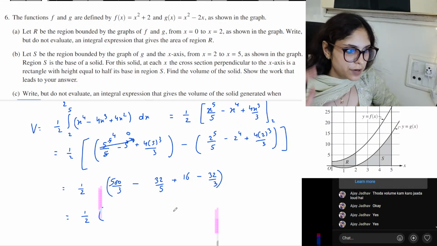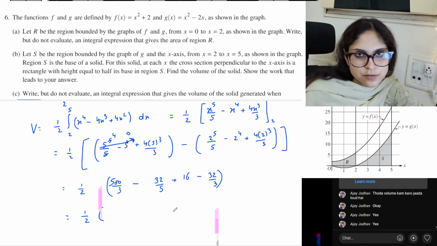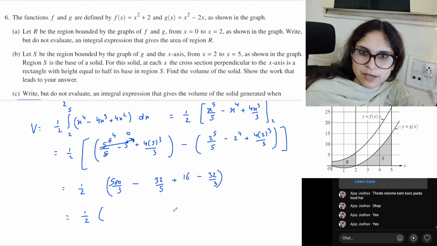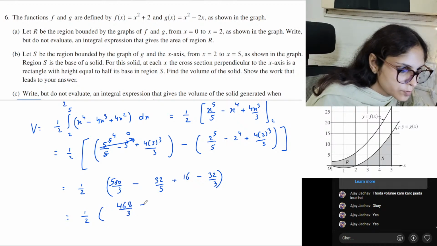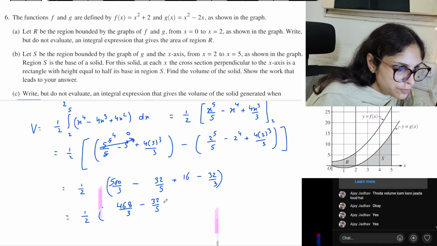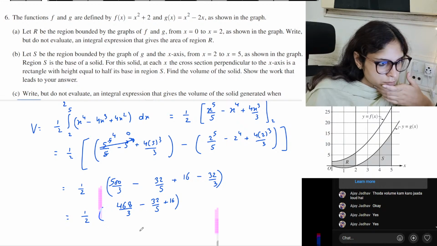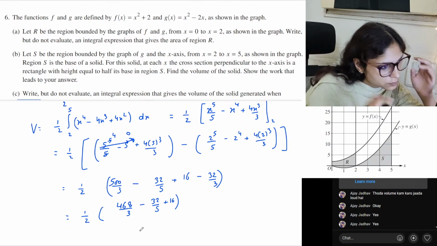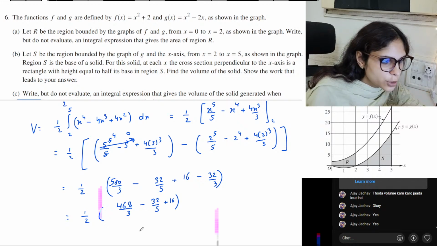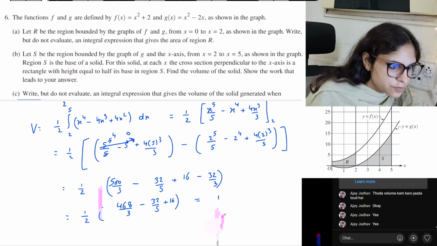So let's first solve 500 over 3 minus 32 over 3. 500 minus 32 is 468. Minus 32 over 5 plus 16. 468 over 3 is going to be 156.